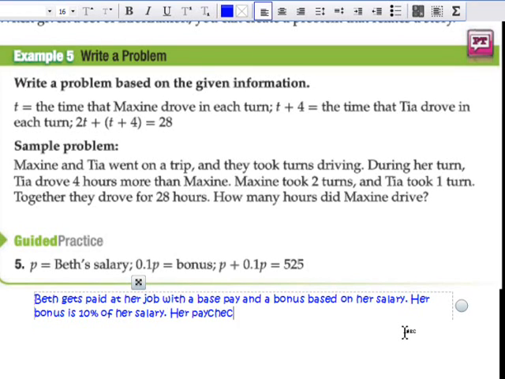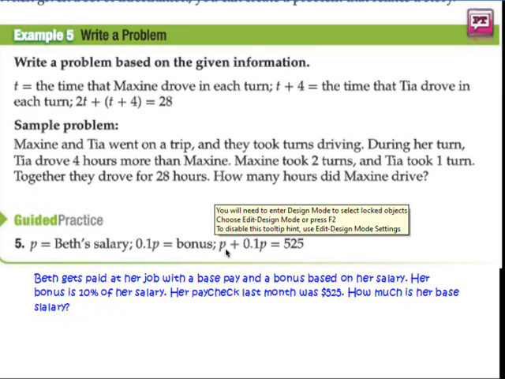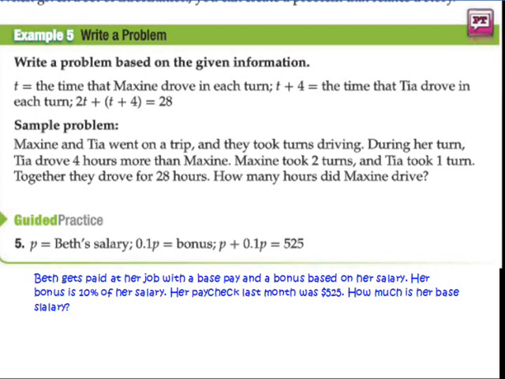Her paycheck last month was $525. How much is her base salary? So really simple, okay? Just being able to work forwards and backwards. That's what we want you to be able to do there.